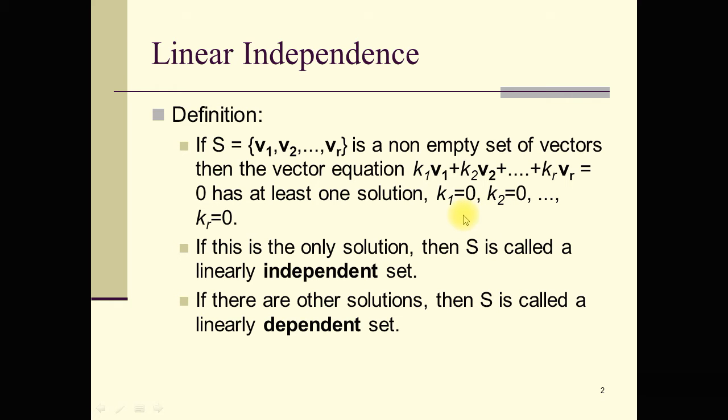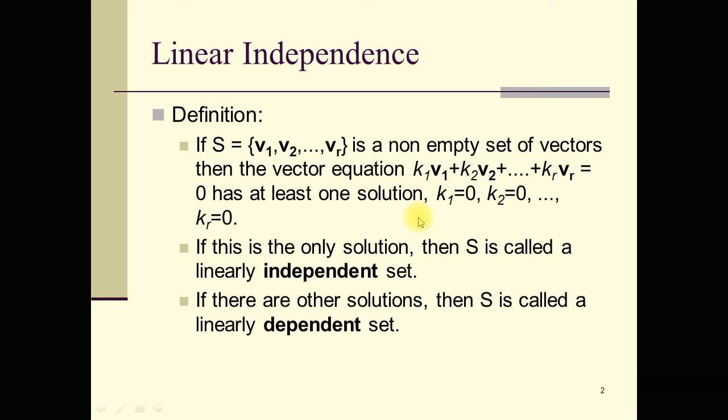So if the system has only the zero solution, then the vectors will be linear independent. And if there are other solutions additional to the zero solution, then the solution is called the non-trivial solution.